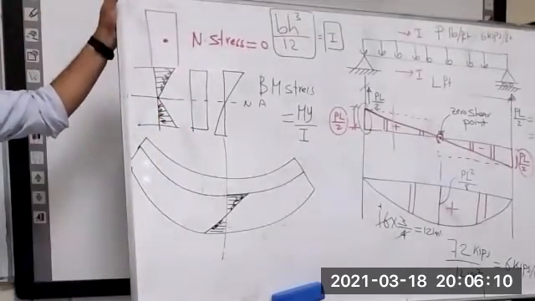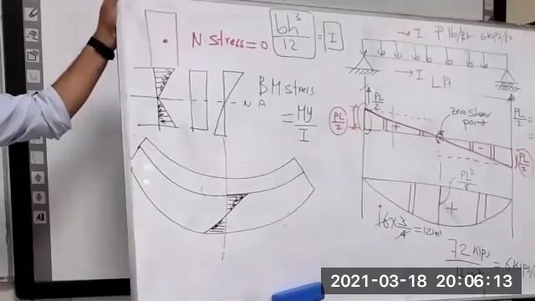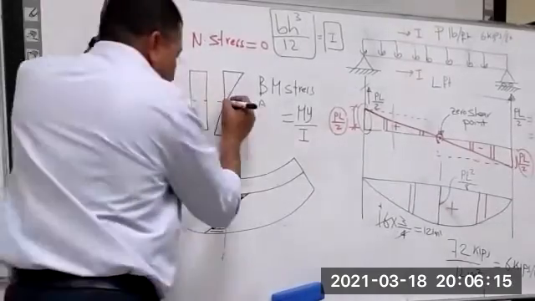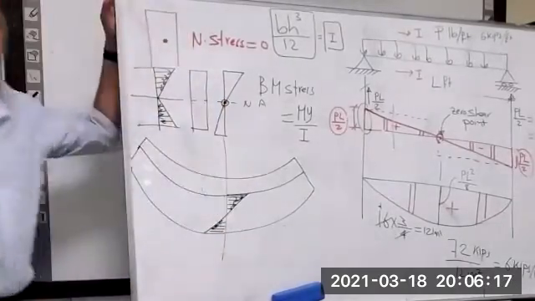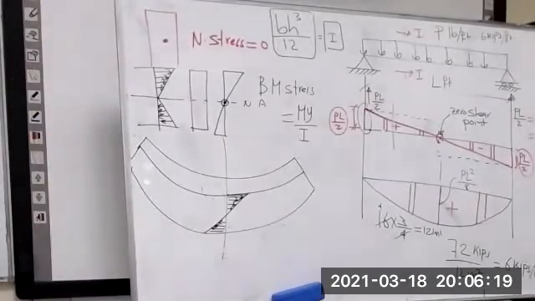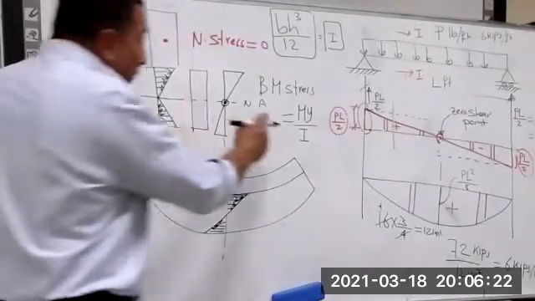Where is the zero stress in the section? Flexure stress is zero at the neutral axis.